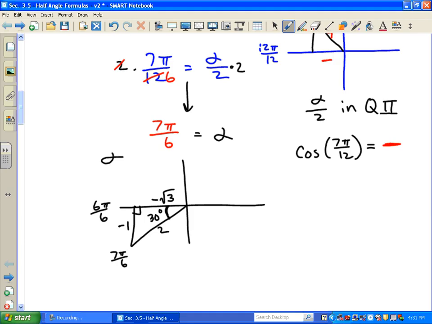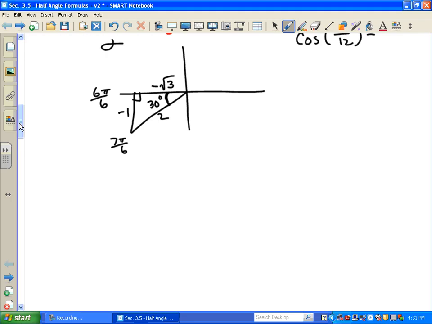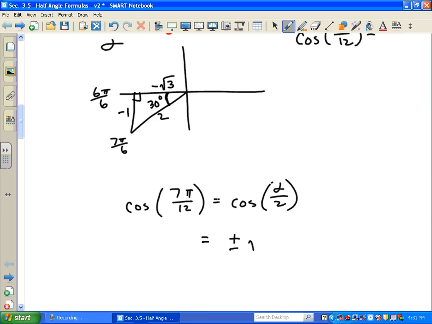Now, we were asked to find the value of cosine of 7 pi over 12. We decided that that was a half angle. We know that the formula for our half angle is plus or minus the square root of 1 plus cosine of the single angle, all over 2.